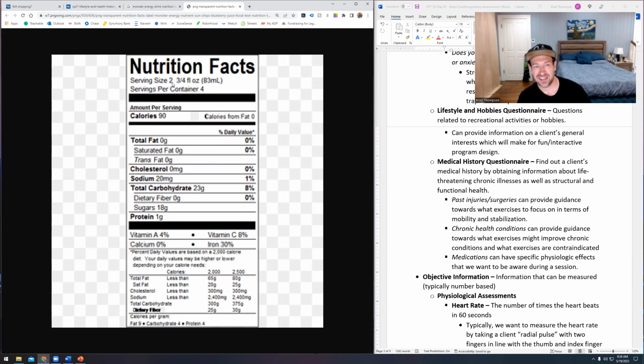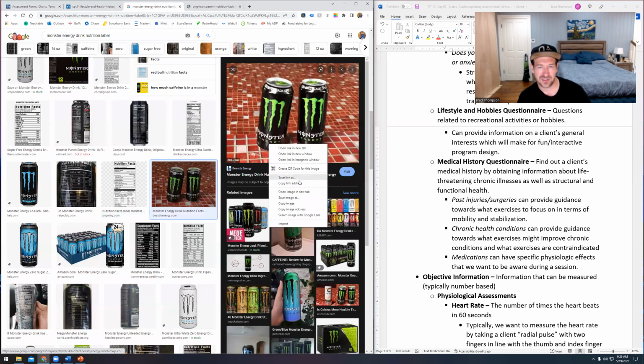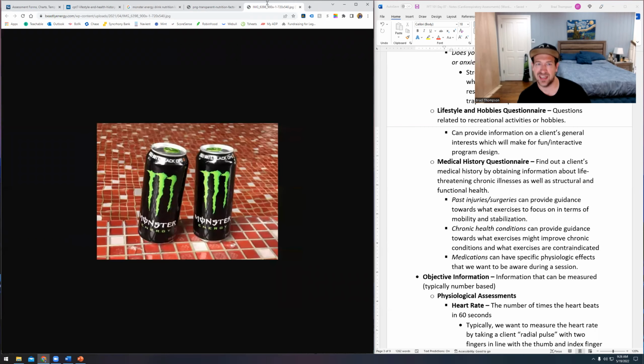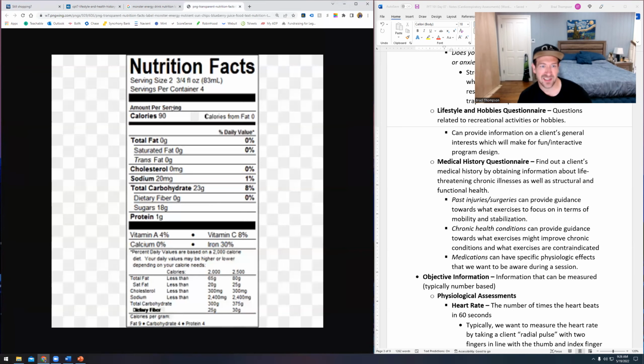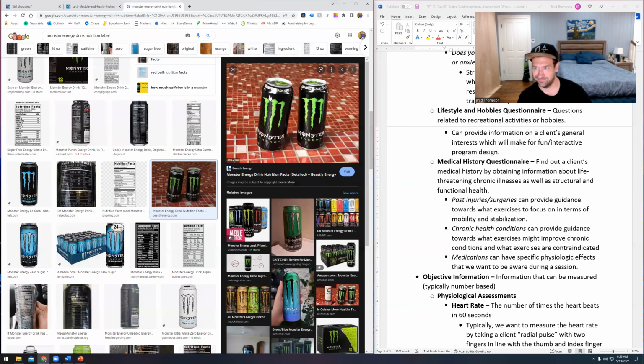Oh, wait, that's only for 2 3/4 ounces, which is a little bit more than a shot glass. This can is probably 16 ounces, so there are 4 servings per container. That's not 90 calories, that's 360 calories. And that's not 18 grams of sugar, that's 72 grams of sugar. So not awesome. Lots of sugar, right?